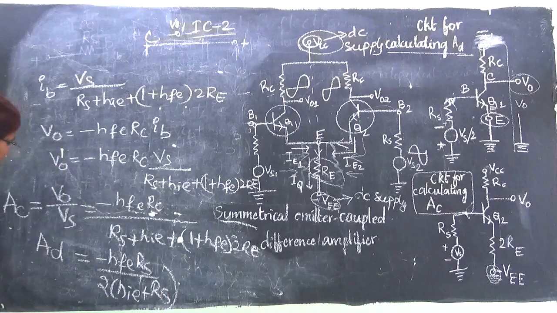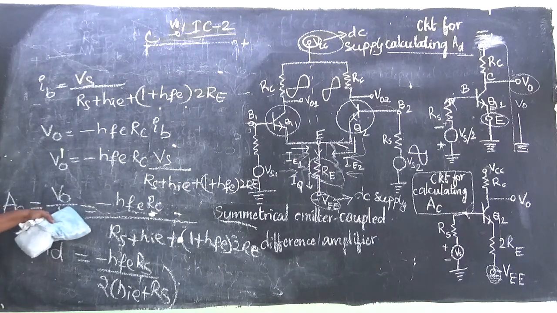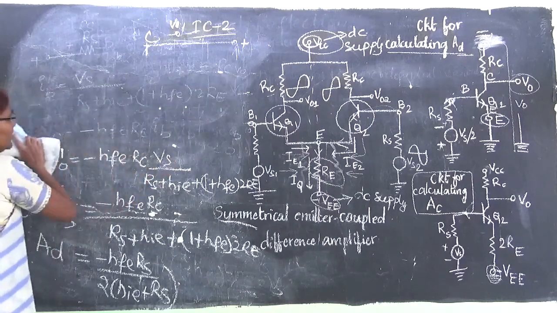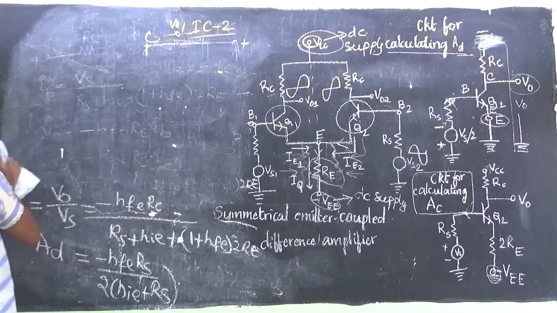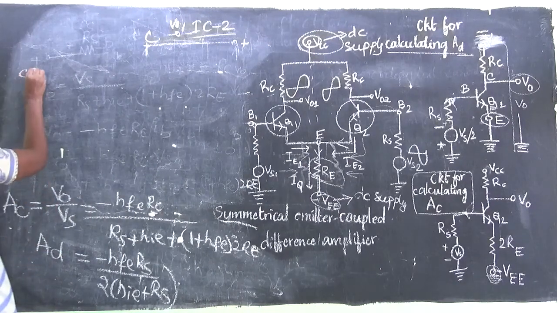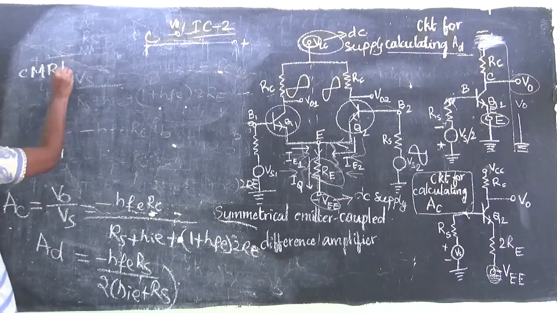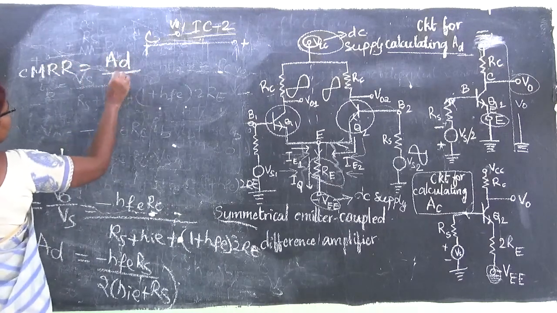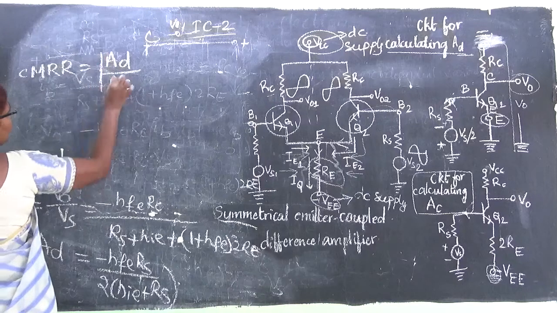This is the differential gain we got, and this is the common mode gain we get here. My CMRR, the common mode rejection ratio, is going to be the modulus of differential gain by common mode gain.